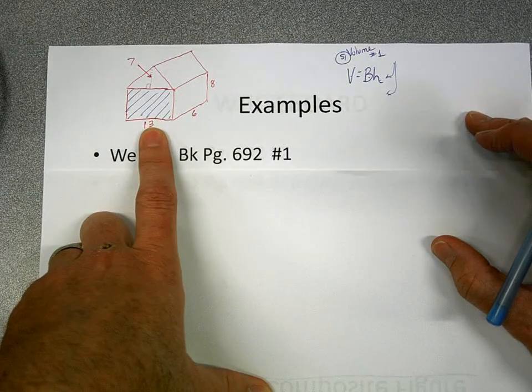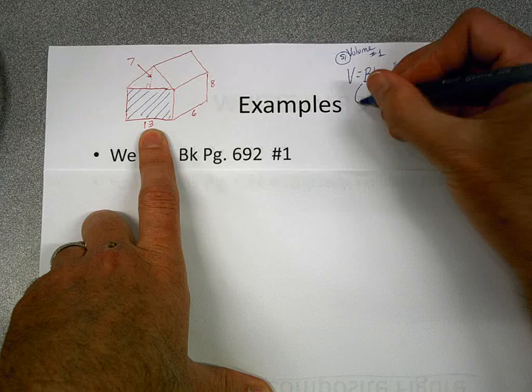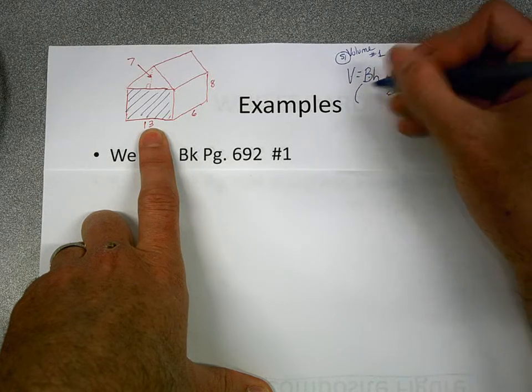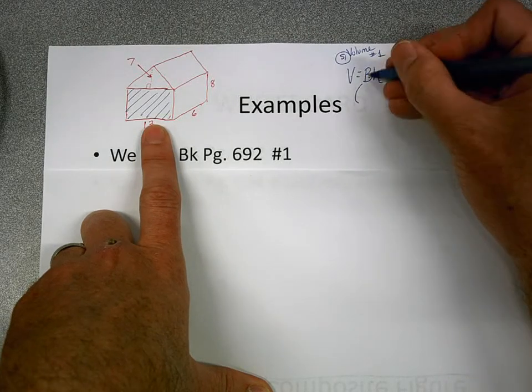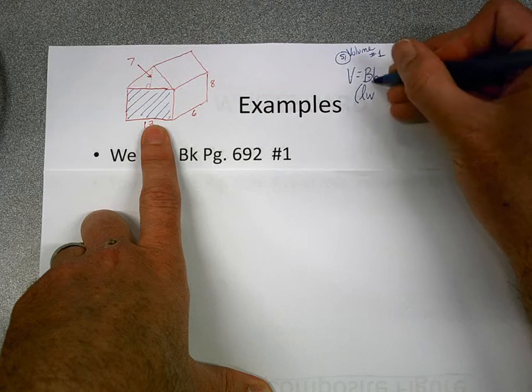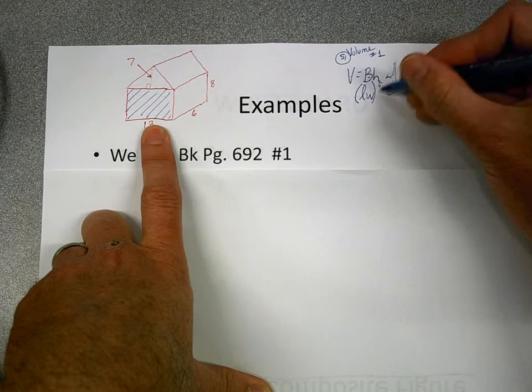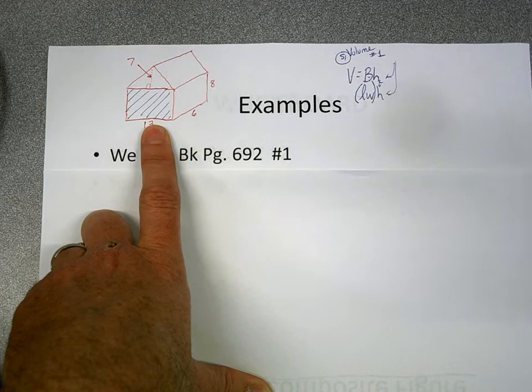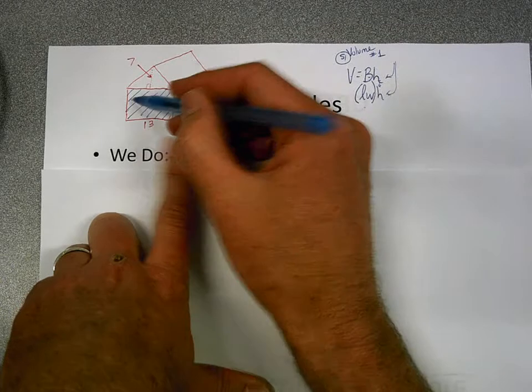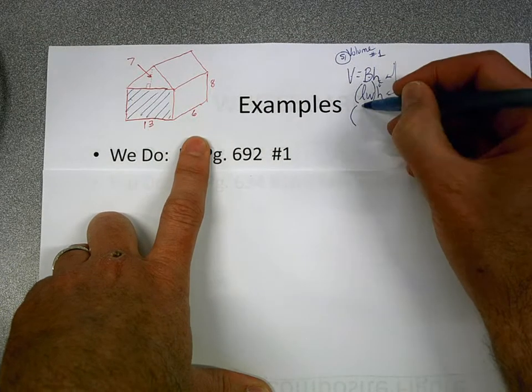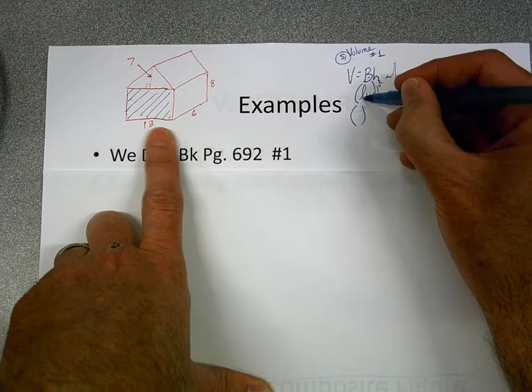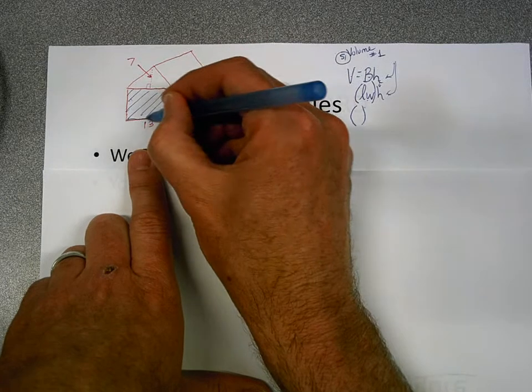Now, being a rectangle, right, the area of the base, or area of a rectangle, is length times width. I'll bring down the h because that's our third dimension. And then what I'm going to do after that is plug in the actual dimensions for the length of our rectangle and our width. So we can call this the length.